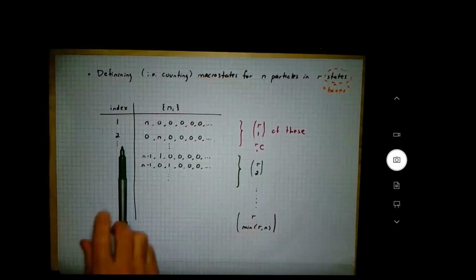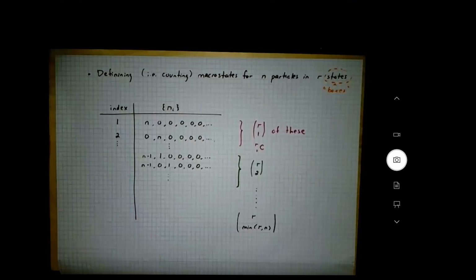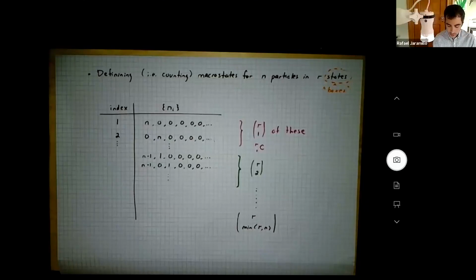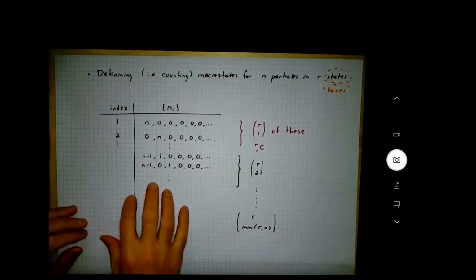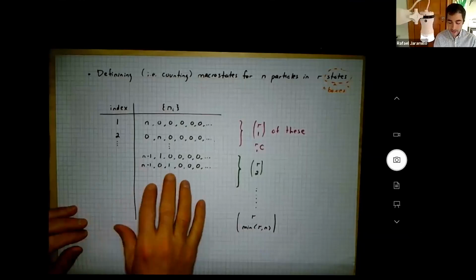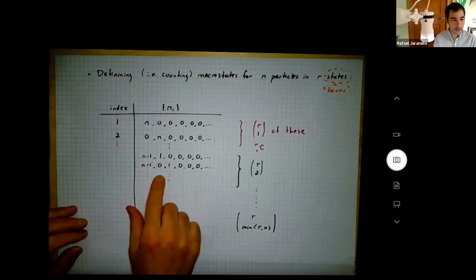Can I ask a question? Would it be R choose 2 regardless of how you distribute the particles within those two boxes? Like say you did n minus 2 and then 2 in the next, would it still be R choose 2? That's going to be a different set, and that would also be counted this way.